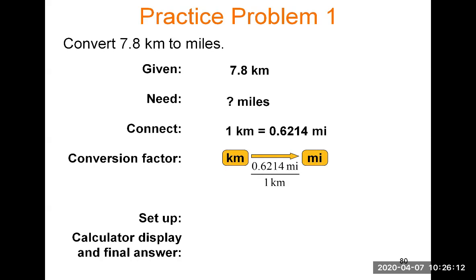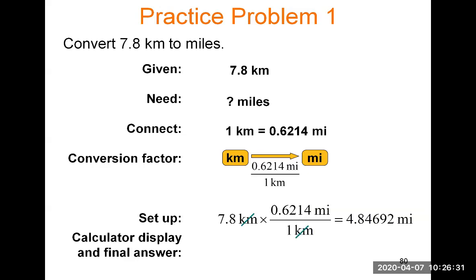So now if we write our calculation, it's 7.8 kilometers times 0.6214 miles over 1 kilometer. The kilometers cancel and we are left with miles.